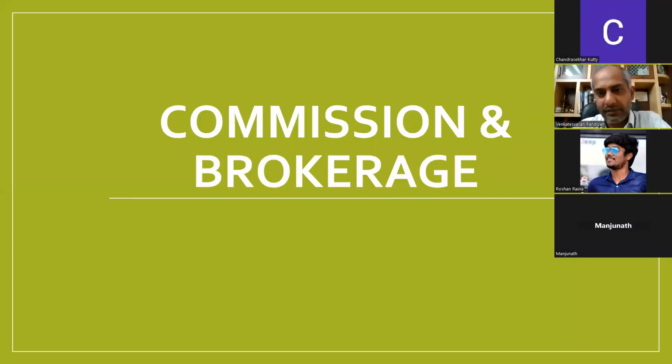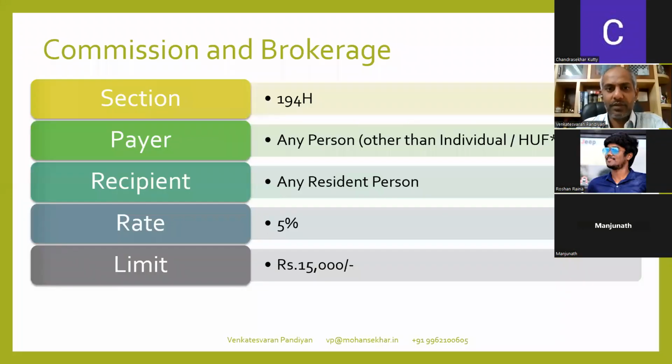The next payment, again, commission and brokerage. Commission and brokerage is dealt by section 194H, where any person other than individual and HUF, subject to that condition, if they are making a payment, they will have to deduct TDS under 194H, and the recipient shall be any resident person. And what's the rate? The rate is 5%.